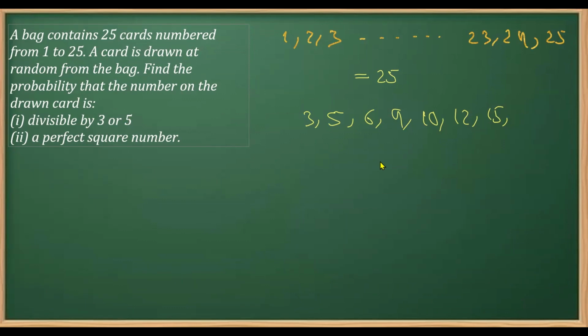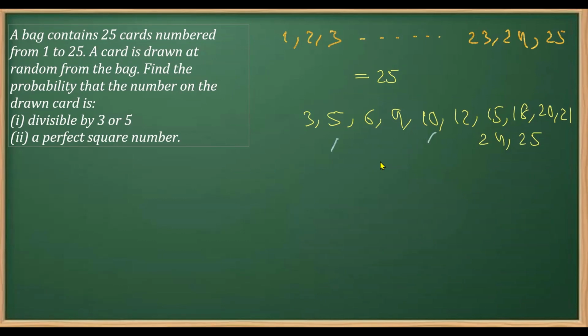It's a union, right? 16 is not, 17 is not, 18 is divisible by 3, 19, 20, 21 is divisible by 3. 22 is not there, 23 is not there, 24 is divisible by 3, and 25 is divisible by 5. You can see that we have taken all the multiples of 3: 18, 21, 24, and similarly the multiples of 5, and the common multiples should be counted only once.